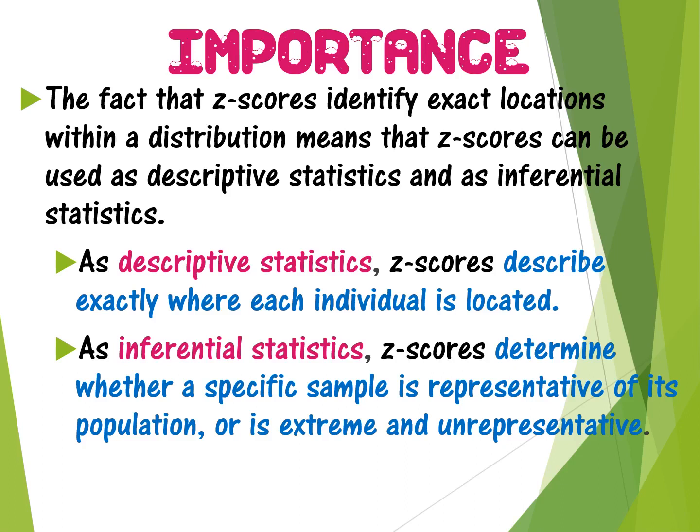If the score is nearer the mean, or compressed at the middle, that means it is representative. If not, they are extreme values, whether too low or too high. That is what we mean in inferential statistics: it will determine whether that sample is representative of the whole population. Is that clear? Okay.